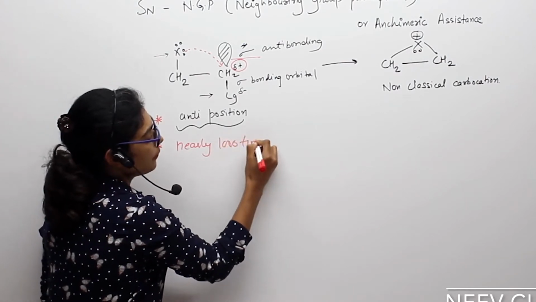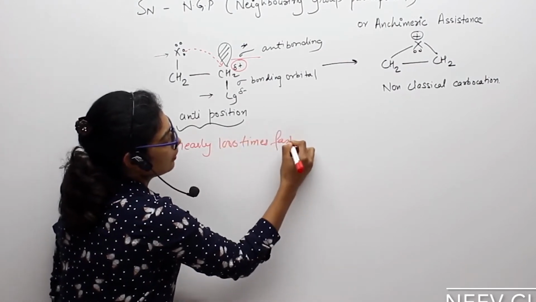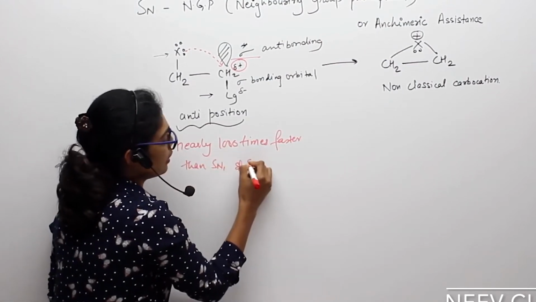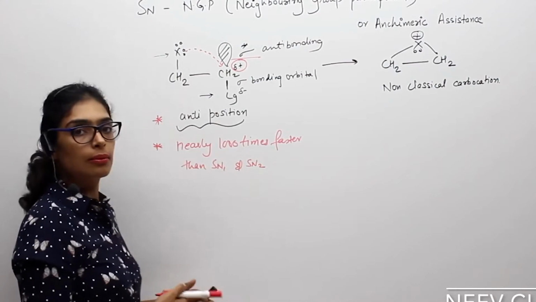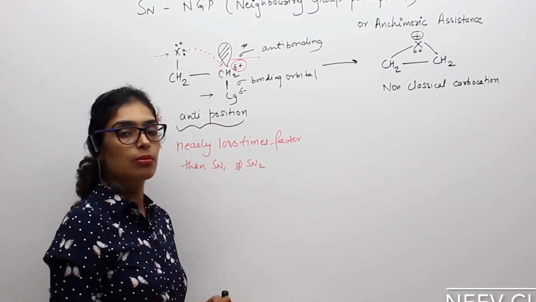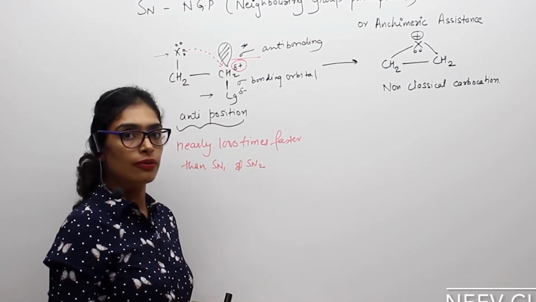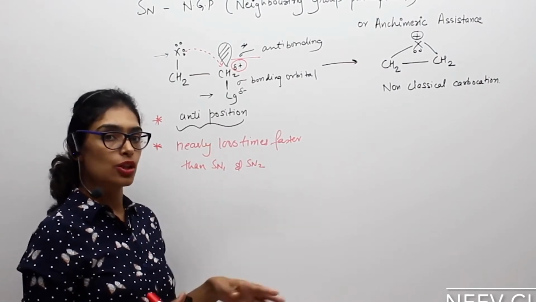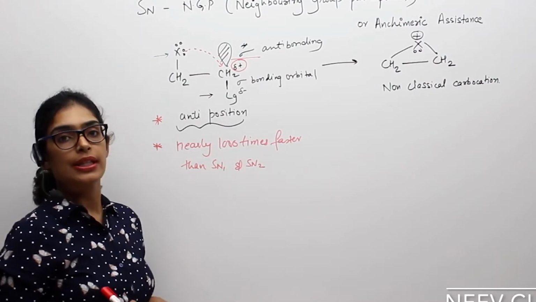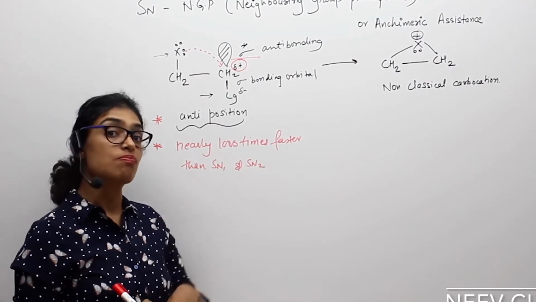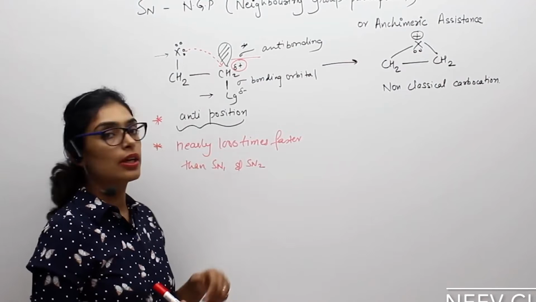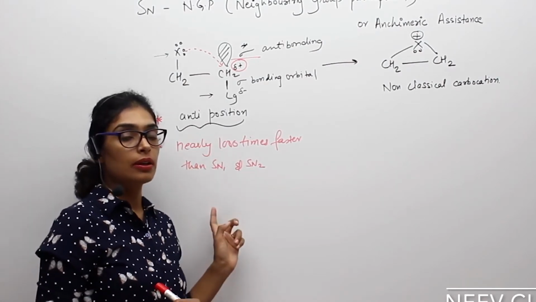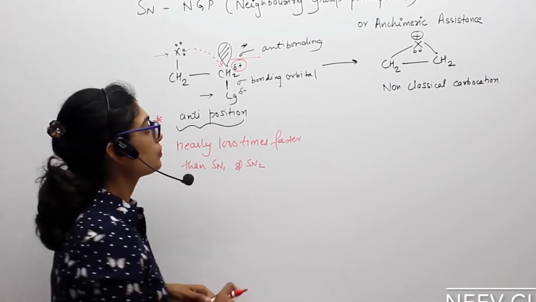When you read some good-level books, you will find that many of them compare the compounds doing SN1, SN2 and SN-NGP directly, and the rate of SN-NGP is much faster than SN1 and SN2. They have given the exact values of the rate differences between NGP, SN1 and SN2.